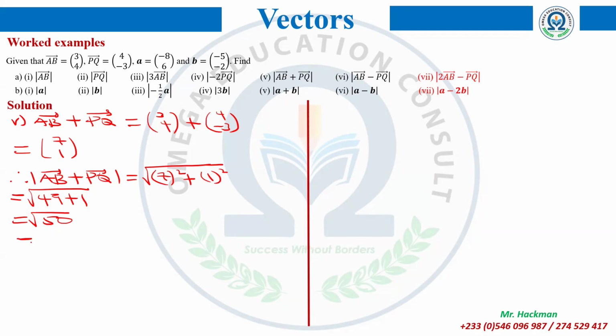Otherwise, your calculator will give you the reduced version because this is 25 times 2, which is the same as 5 roots of 2. But don't forget your unit. Take note, your calculator will give you your answer in its basic form. Please, once again, avoid writing the decimal of this unless the question asks you to approximate. So this is the exact magnitude.